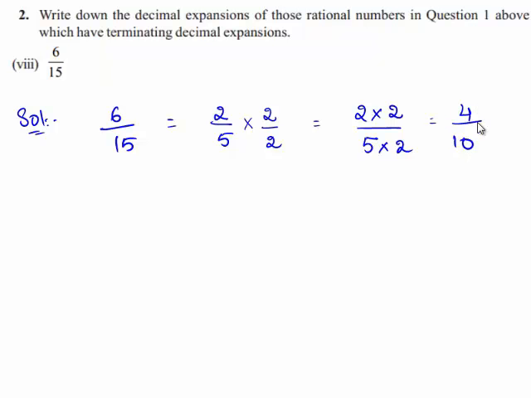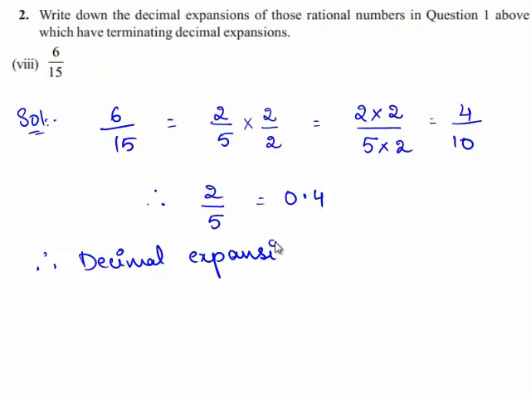Since in the denominator we have only 1 zero, we need to place the decimal point towards left to 1 place. Therefore, the decimal expansion for 2 by 5 is equal to 0.4. Therefore, the decimal expansion of 6 upon 15 is 0.4.